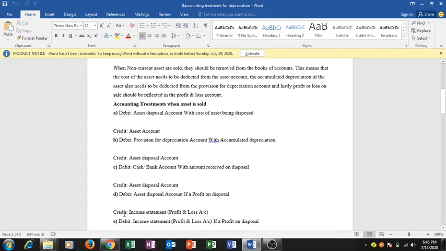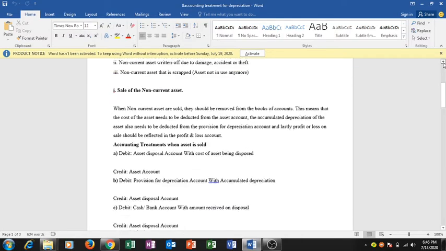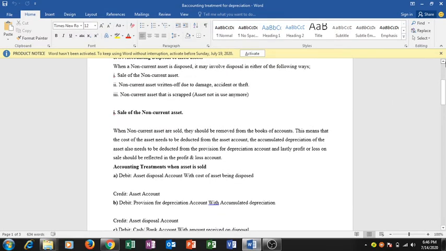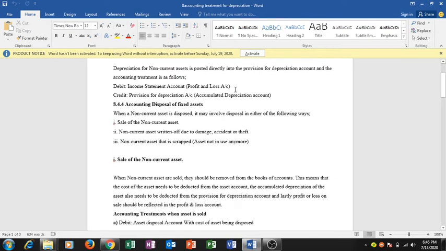I want to bring your attention here to crediting the income statement or the profit and loss account. Remember, I told you, when an asset is depreciated, that amount is considered an expense and it is debited here.